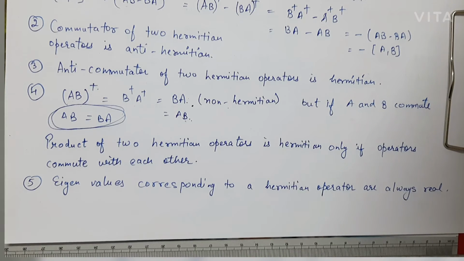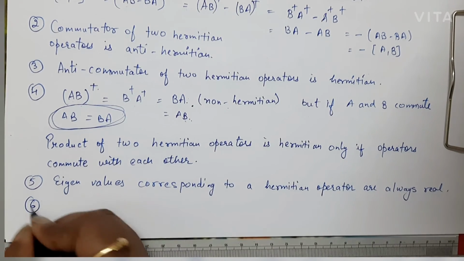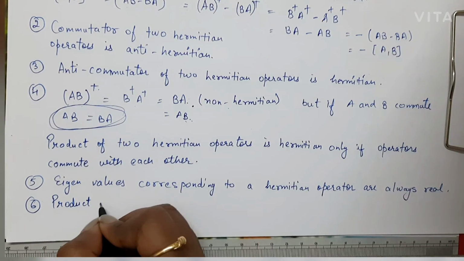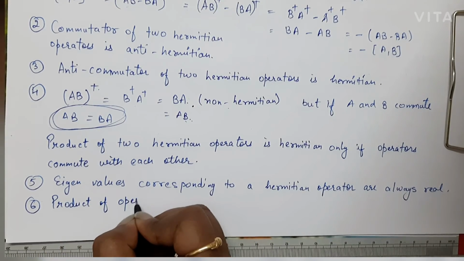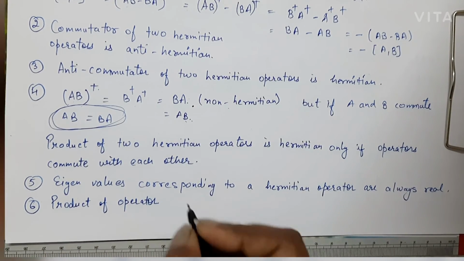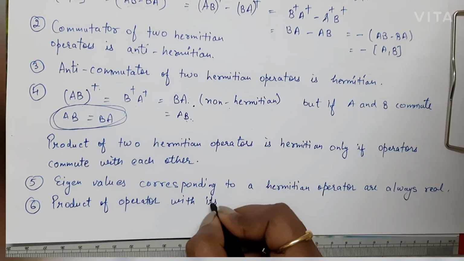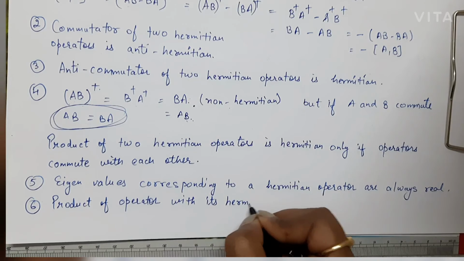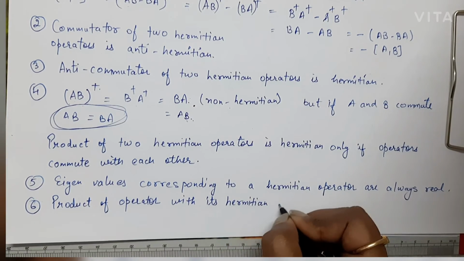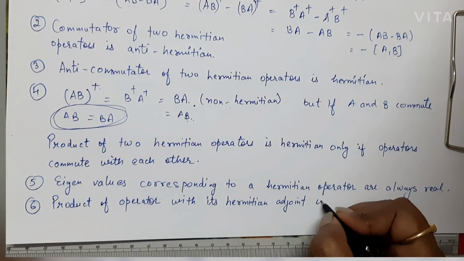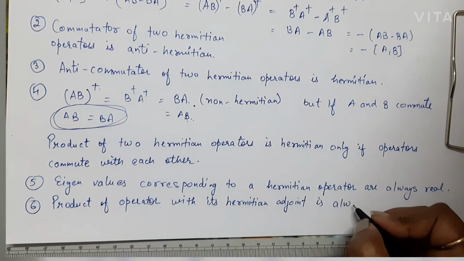So with this, moving on to the next property, that says that the product of an operator with its Hermitian adjoint is always Hermitian.